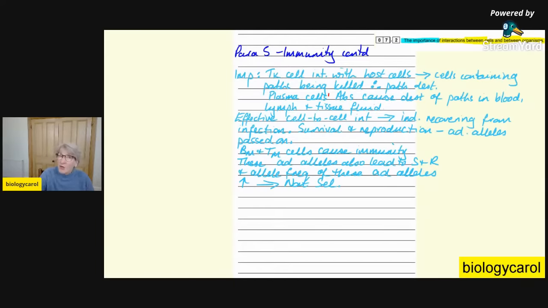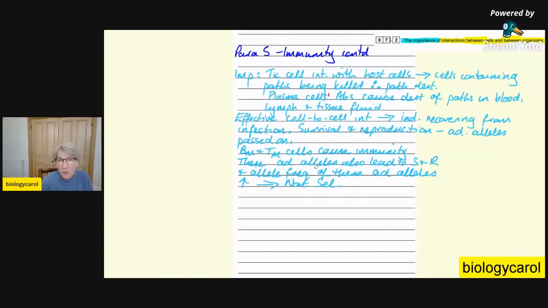This increases their chances of survival from the infection, and it increases their chances of reproduction, alleles being passed on. The memory cells, B memory cells and the T memory cells, cause immunity. And this means that this individual is even less likely to die from the infection, even if the infection comes around again.